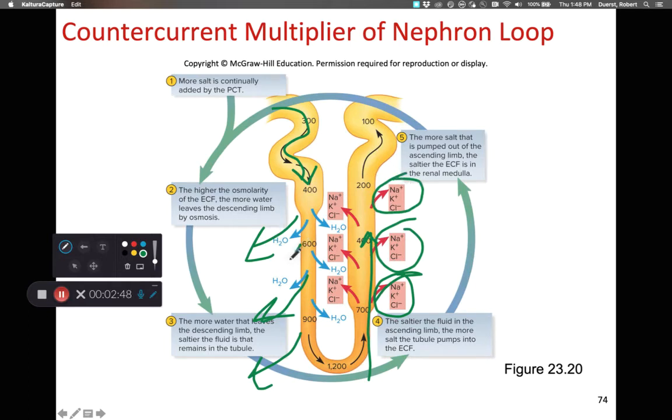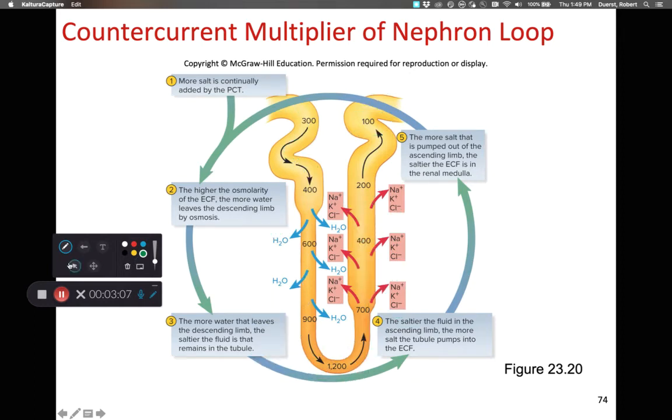On the way down, it's a passive osmotic process pulling water out. On the way up, it's an active transport process pulling the electrolytes out. And ultimately, the concentration of the filtrate is much lower at the end compared to the concentration at the halfway point.